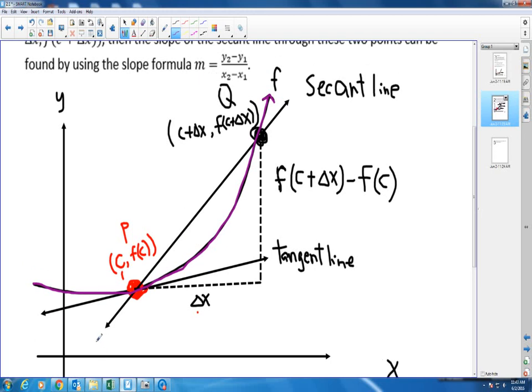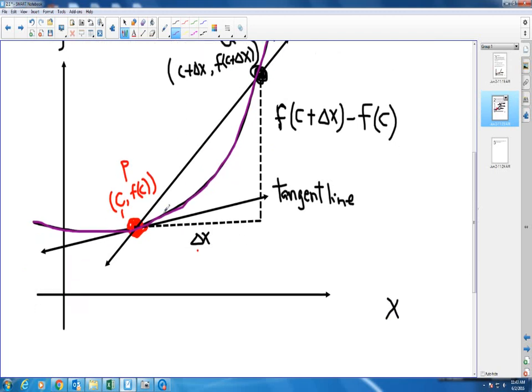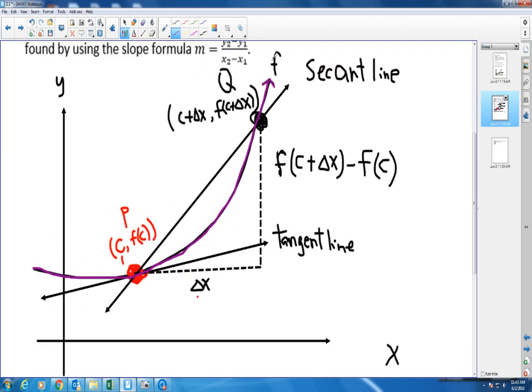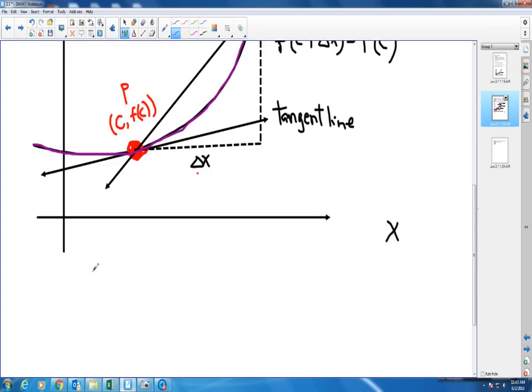Let me write down the slope for this secant line. With all these things going on, remember I basically have 2 points right now. Here's my secant line, it crosses the curve at 2 different points. These are my x values and y values. So the slope m of the secant line, the slope of a straight line, is y2 minus y1.